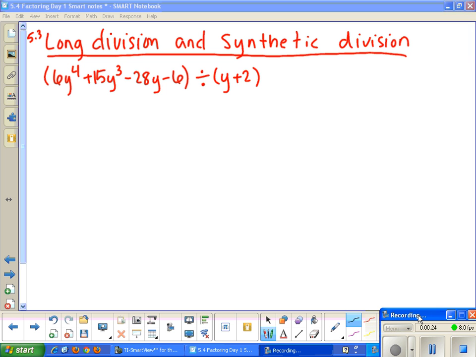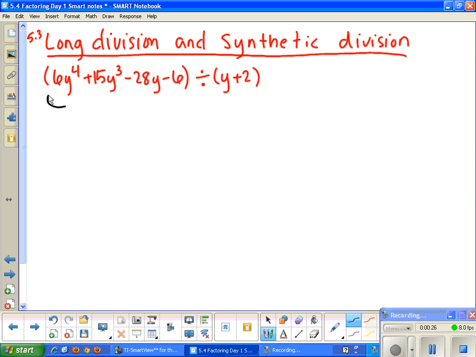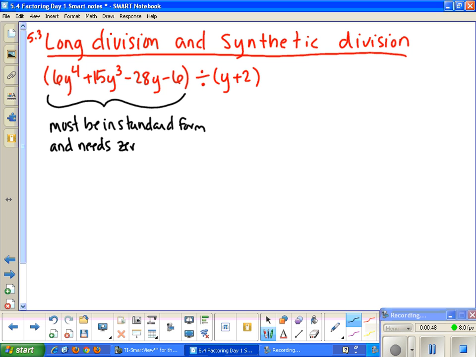Remember, when you're doing long division, this part right here, which is your dividend, must be in standard form. And also, you need to have 0 placeholders for missing terms.